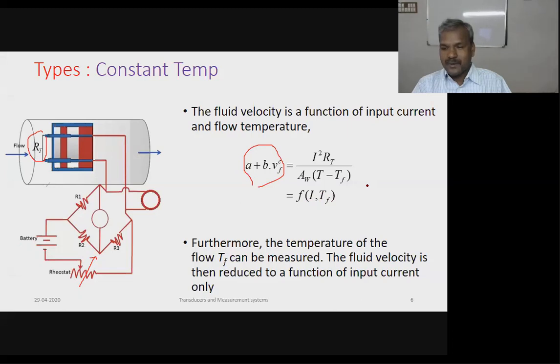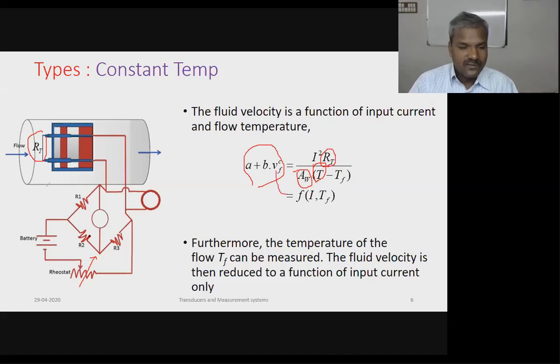By keeping temperature constant, the area of wire cross section and the resistance of the wire are also constant. So the only variable parameter is I, a function of I and the fluid temperature. Assuming the fluid temperature constant, the fluid velocity is directly proportional to current.